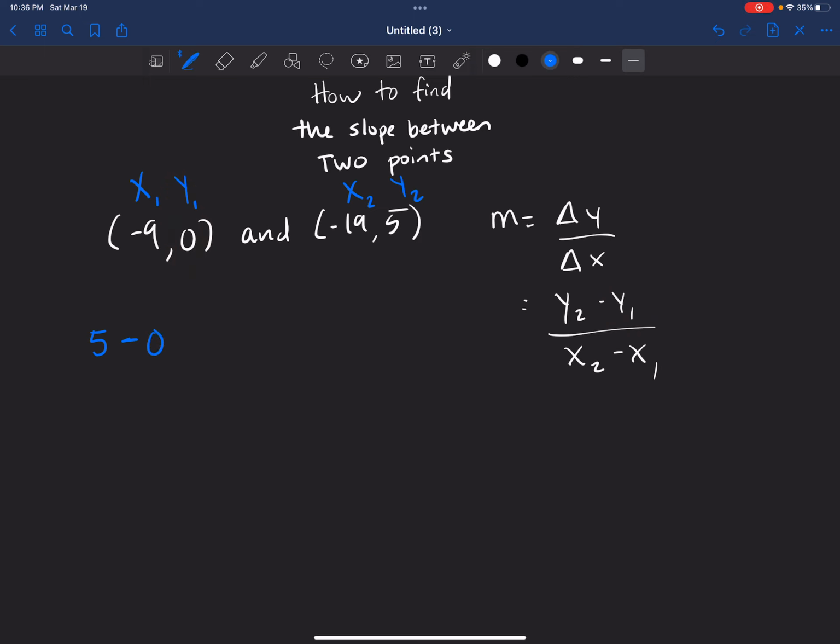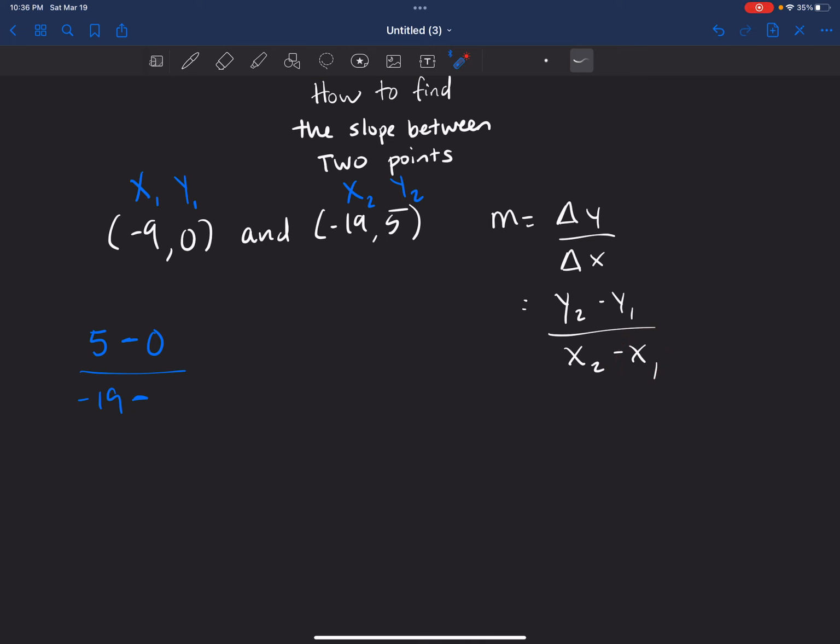Now that I've handled the top, I'm going to do the bottom. So x2 in this case is -19, so I put -19 over here. And then remember, the minus sign has to go right after the x2. Lastly, I have an x1.